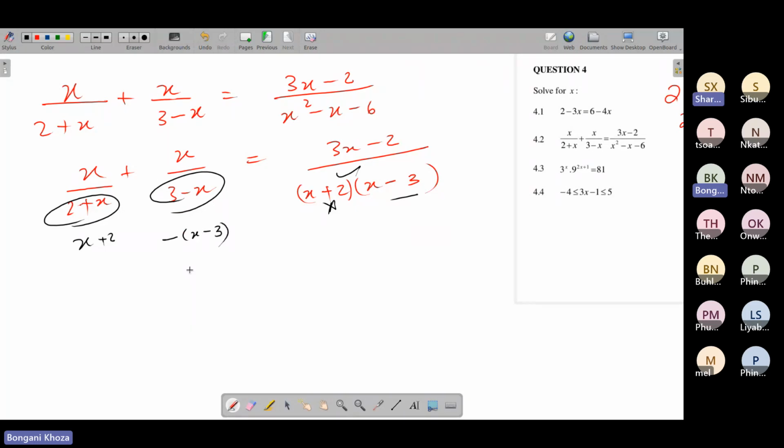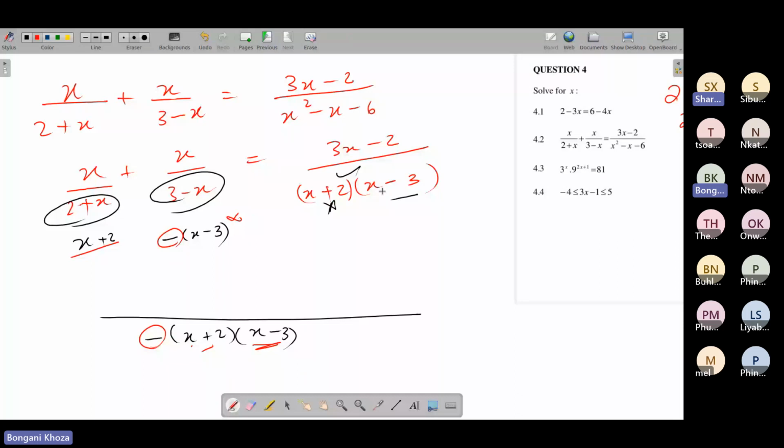So that means our LCD ends up being minus, x plus 2, x minus 3. So every part of the denominator is represented. Here I do have x plus 2, a negative, x minus 3, and in the other x plus 2, x minus 3.